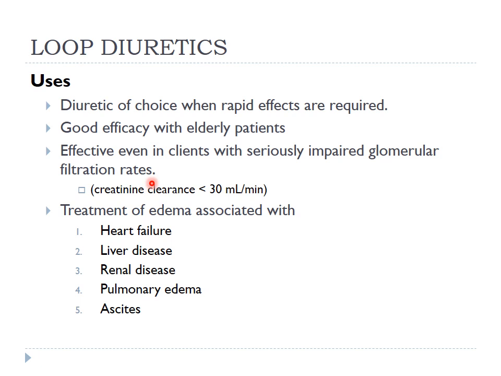Loop diuretics: fast and hard. We want to diurese you quickly. You're in trouble. You've got renal disease happening, which affects your glomerular filtration rate. I want to go with a loop diuretic. So it's used in treatment of heart failure, liver disease, pulmonary edema, and ascites for rapid treatment of these things.